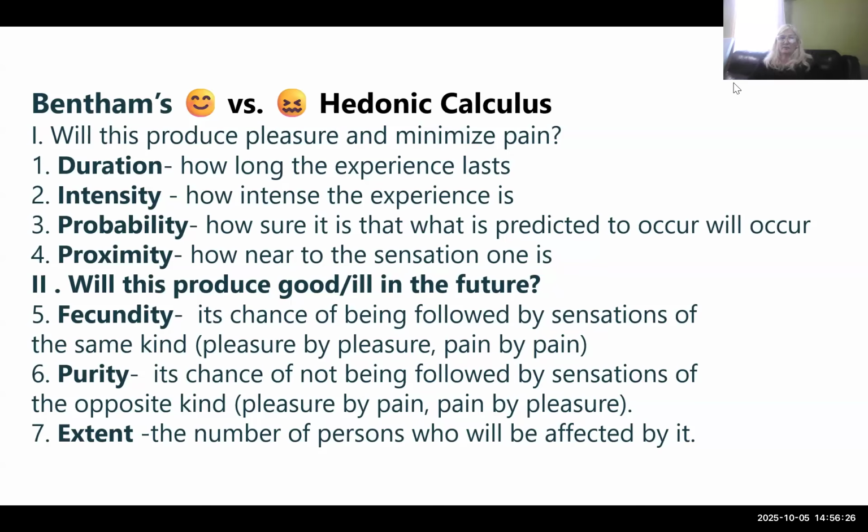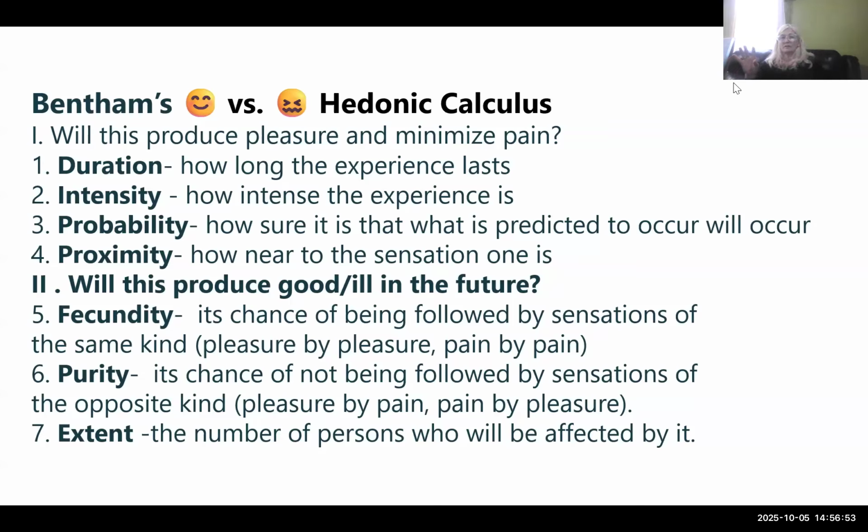And next, the proximity: how near to the sensation one is. If you're thinking about your graduation and it's right around the corner versus very far off, the experience of thinking about that, which as an intellectual pleasure does give pleasure, is a nearer sensation, so the pleasure is more proximate.